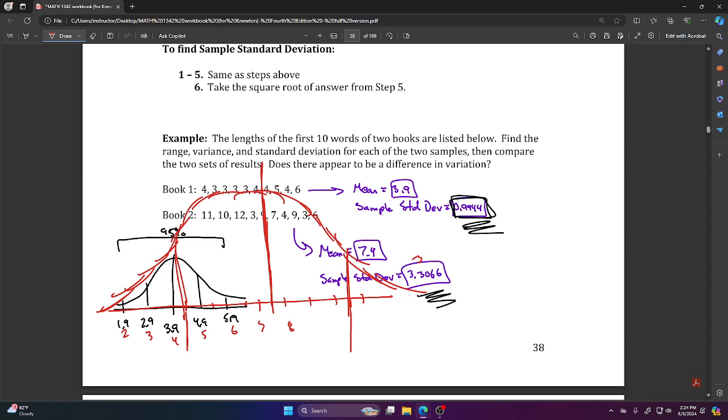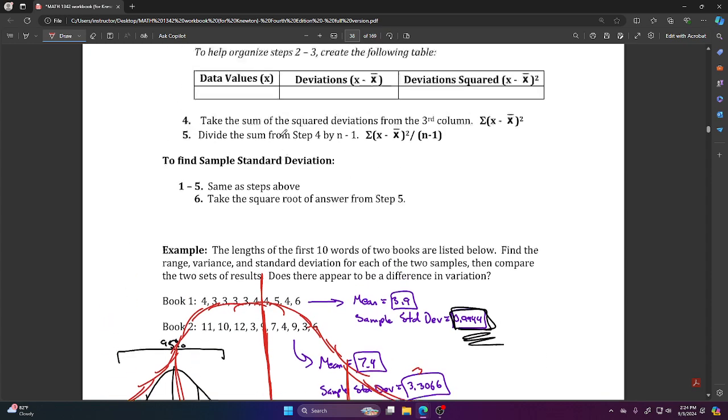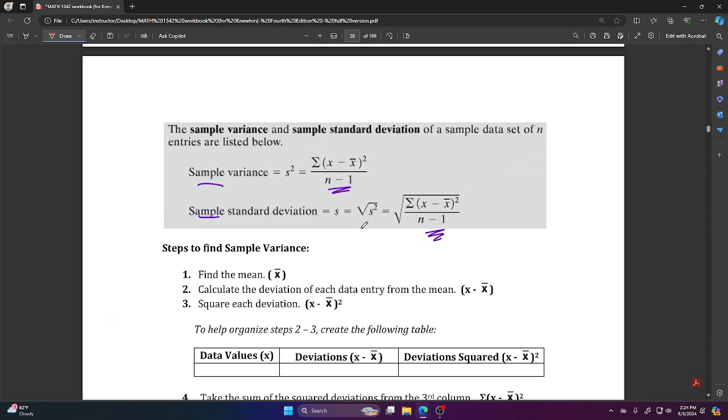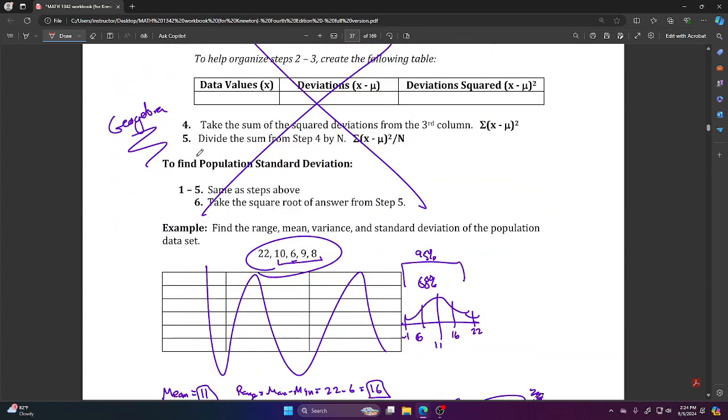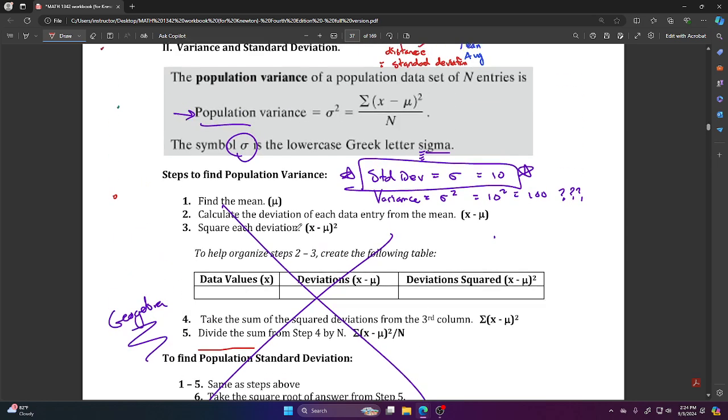Give me a big word. Okay, I'm going to do a big word here. Come on, math. Give me a big word here. Population. That's a big word right there. Oh, yeah. Big word. Lowercase.